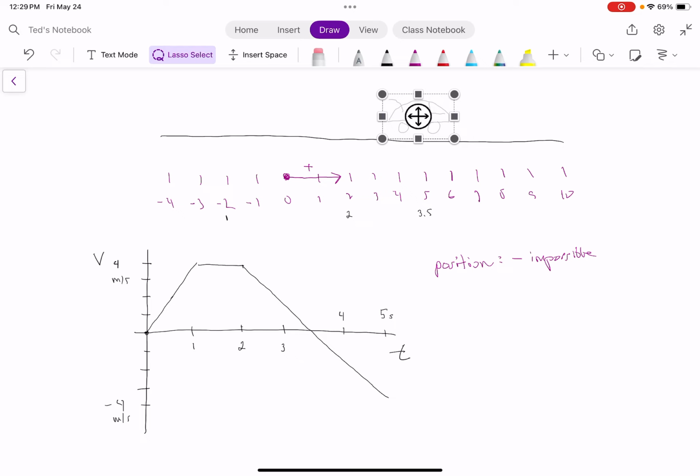The whole point is we can't tell what the initial position is, so from this velocity graph we can't tell where the object is. What we can do, though, is get the displacement.